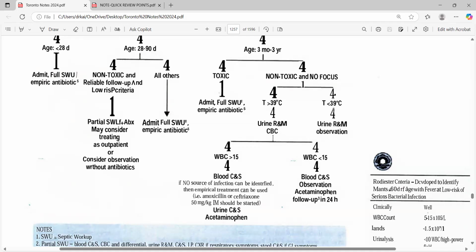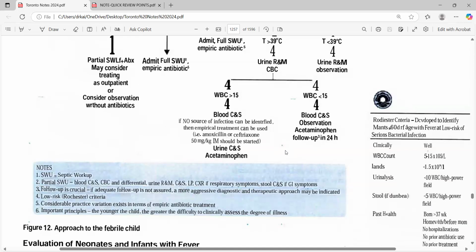Then it comes to the temperature less than 39, so urine culture and sensitivity and observation. As I told you, in children, especially above 3 months to 3 years, the first thing about fever, keep urine in your head. Because a lot of children or babies cannot tell you about the urine symptoms, they were just crying and having fever. So our main focus is thinking of urine.